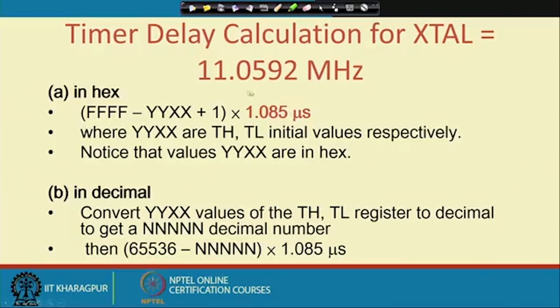If you convert it into time, 1 by f turns out to be 1.085 microseconds. Instead of FFFF plus 1 in hex, you can simply write 65536 minus YYXX in decimal, say NNNNN, multiplied by 1.085 microseconds. Given the timer initial value, we can calculate the actual delay that is produced.